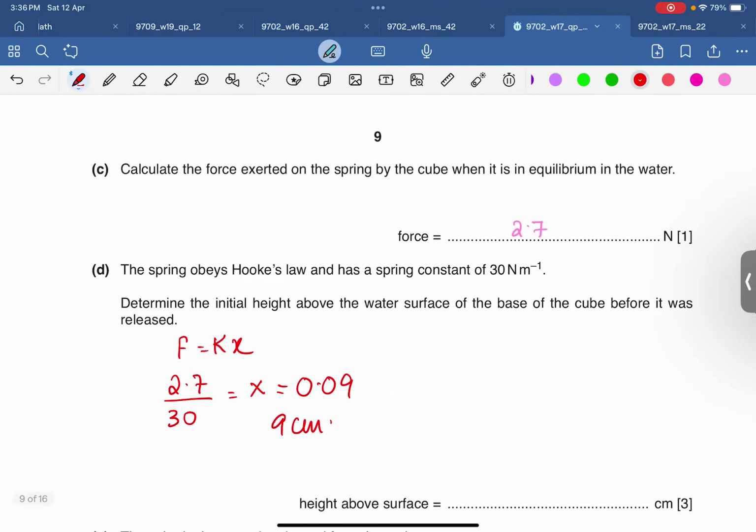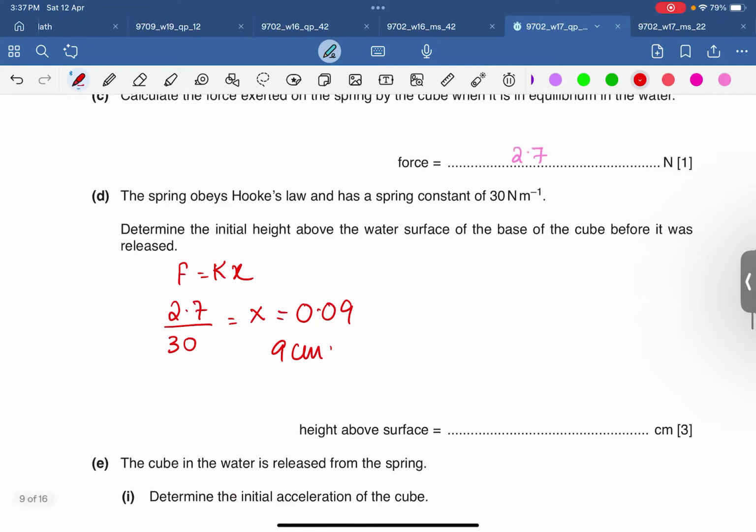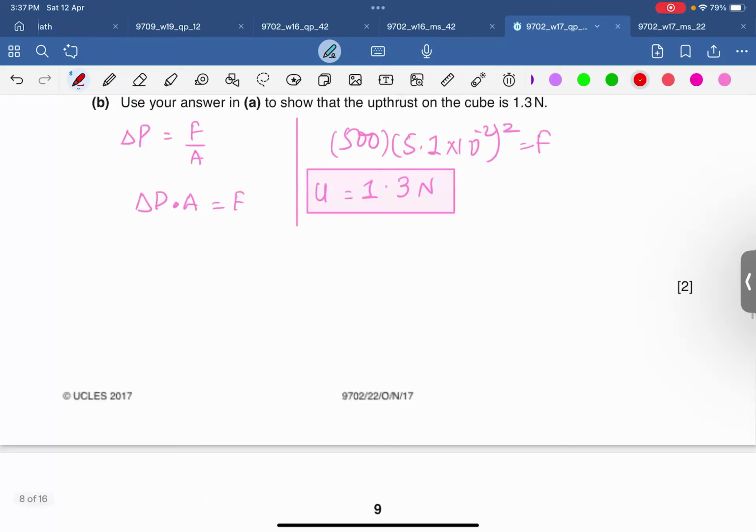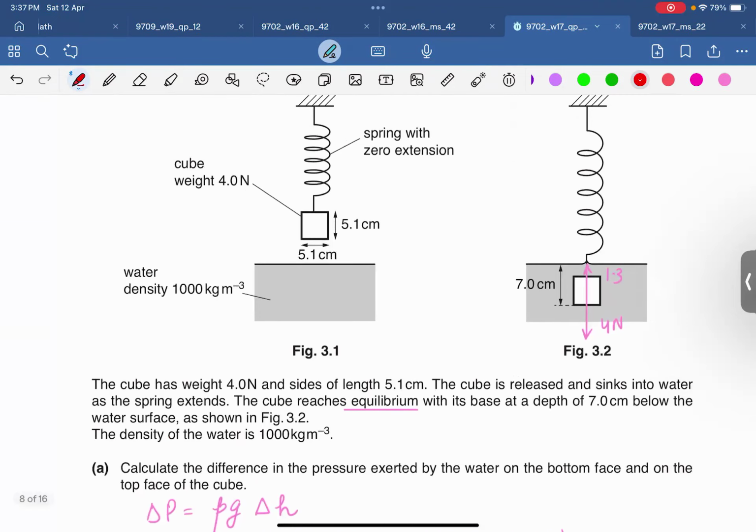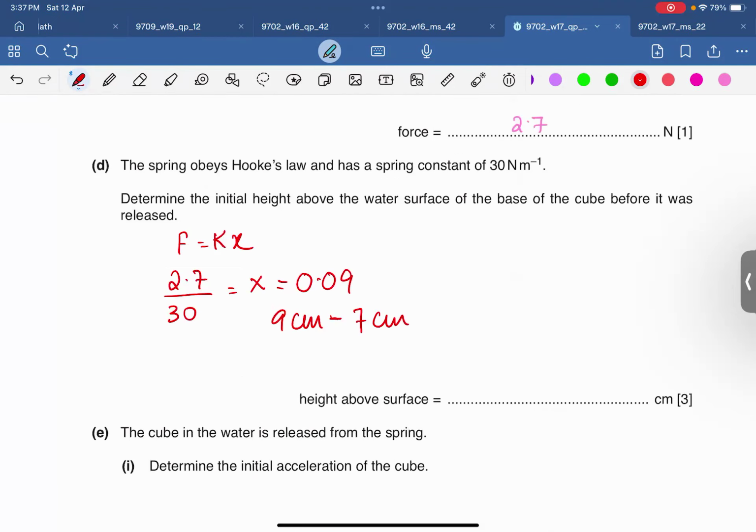There you go. So you just need to subtract it from the 7 centimeter. So you will get the change in length, and that change in length would be the height above the surface. So 2.0 centimeter you will get. Is it clear? So this is what you have to do.